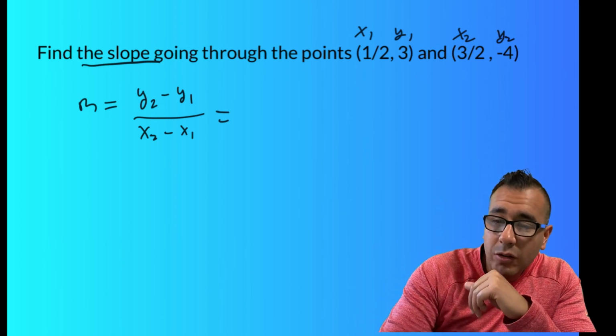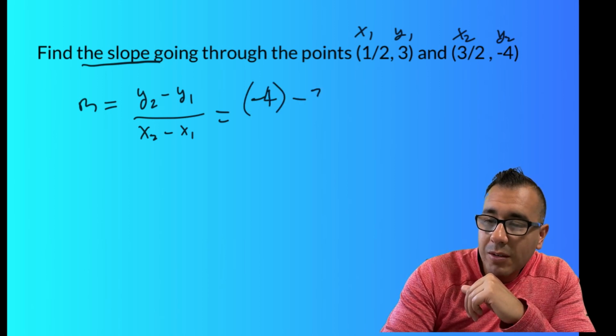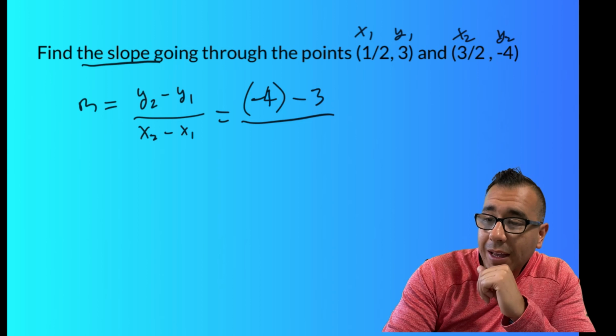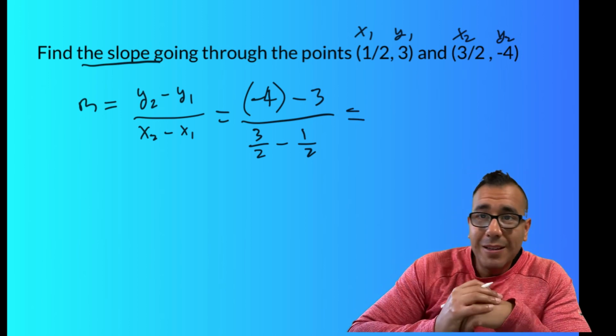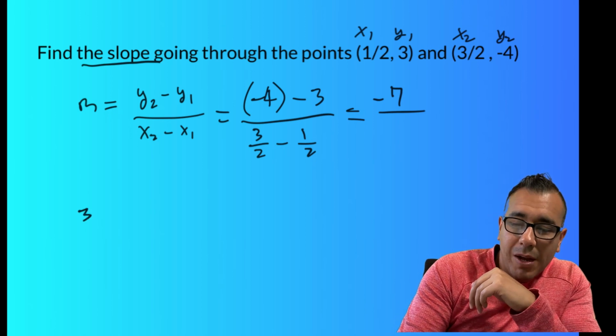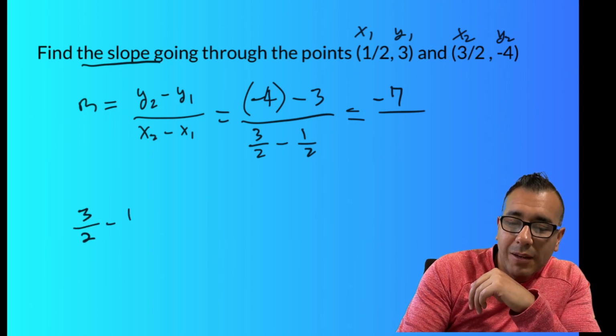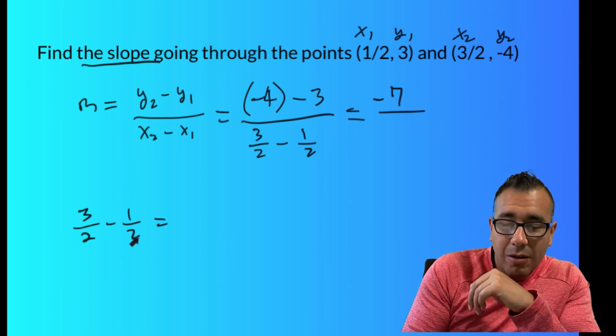So my y2 is negative 4, minus y1 is 3, divided by x2 is 3 halves minus x1 is 1 half. All right, so negative 4 minus 3, we get negative 7. And on the bottom here, I'm going to do 3 halves minus 1 half. What's nice is the denominators are already the same.